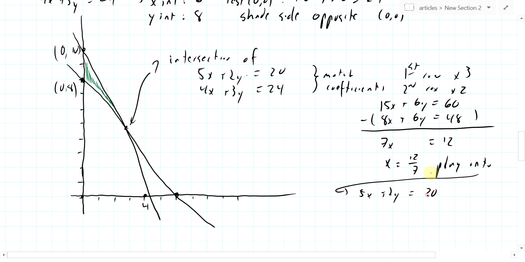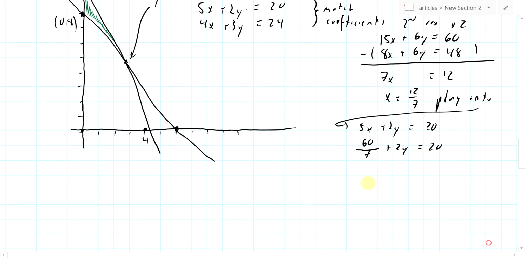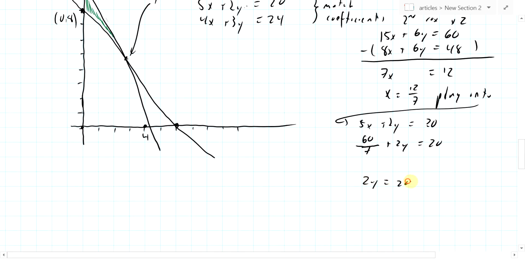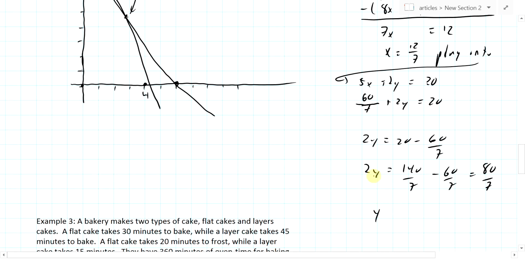So if I plug in x equals 12 sevenths, 5 times 12 is 60 over 7, plus 2y equals 20, or 2y equals 20 minus 60 over 7, and 20 is 140 over 7 minus 60 over 7, which equals 80 over 7, and then dividing both sides by 2, y equals 40 over 7.